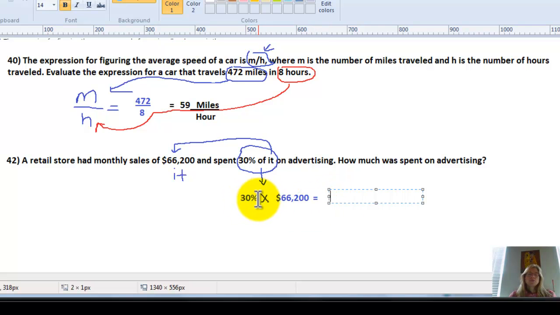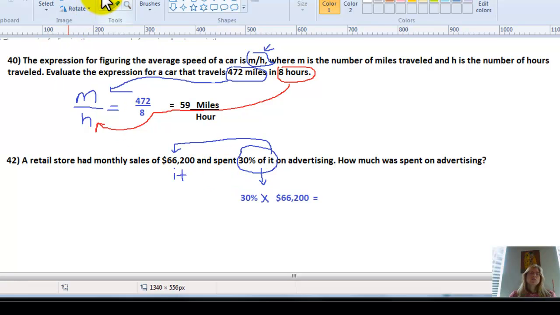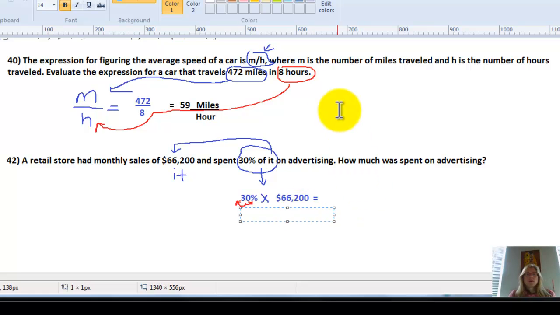Remember, anytime you have 30%, you have to change it to a decimal in order to continue the math. Changing percent to decimal simply is moving the decimal point, which is right there, 2 places to the left, which is dividing by 100. So you have a decimal of 0.30. .30 then is multiplied by 66,200.